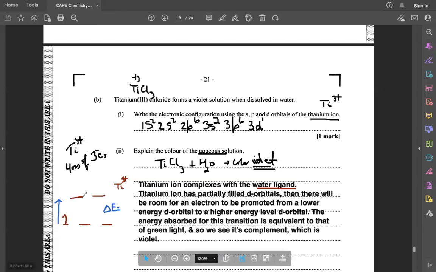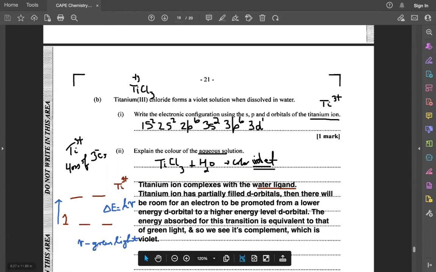Because this is a fixed quanta of energy that is required to go from down here to up here. And so that delta E will be equal to h times frequency. And that frequency ends up being in the green region. So that's for the green light.